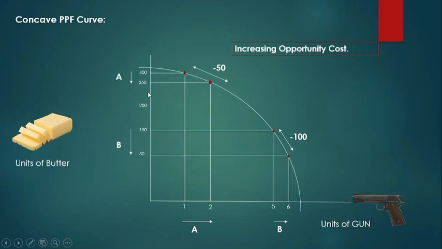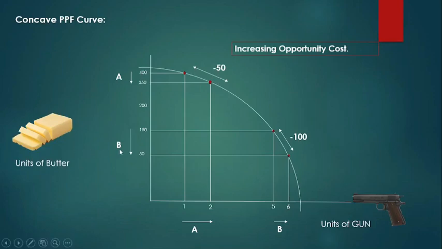First of all, there are two trade-offs, A and B. At point A, to produce 1 extra unit of gun, from 1 to 2, the producer has to sacrifice 50 units of butter because of the scarcity of resources.